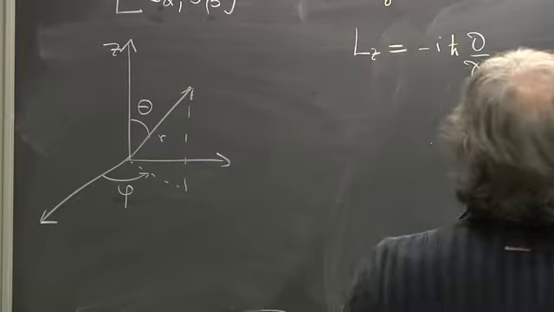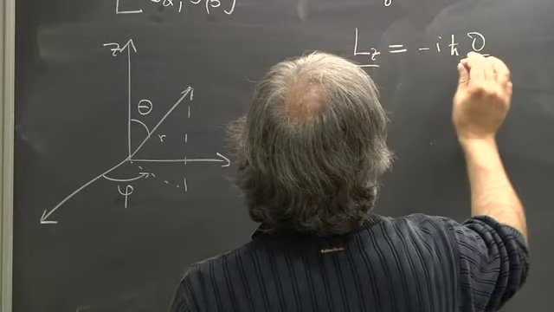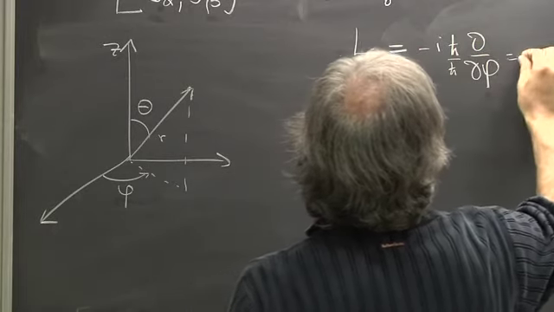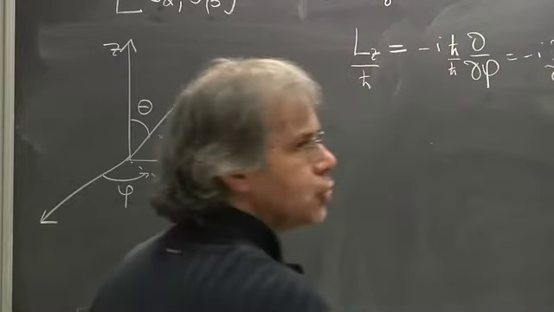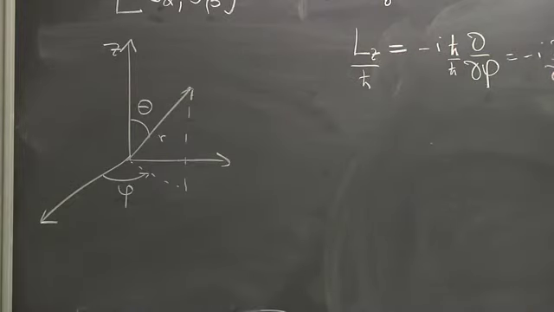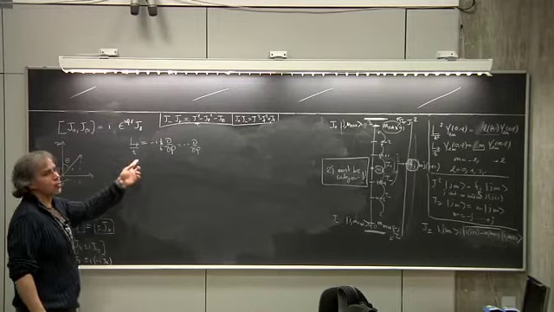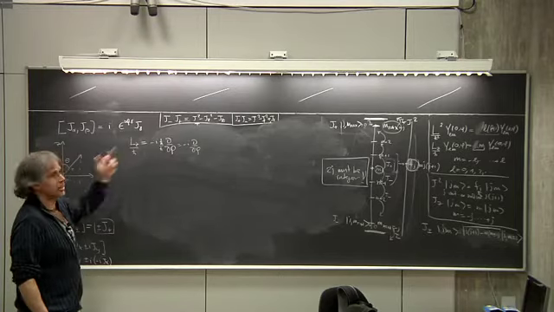Well, L with the h bar, then I divide it, and this goes away. Okay? But this is a matter of choice. Okay. Now, what does it mean to be an eigenstate of Lz?